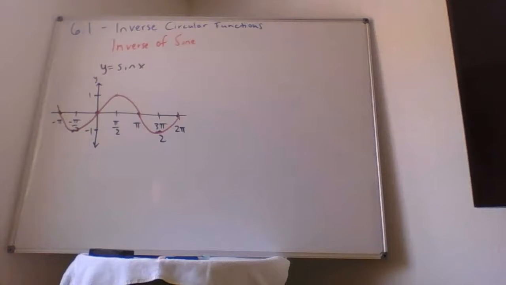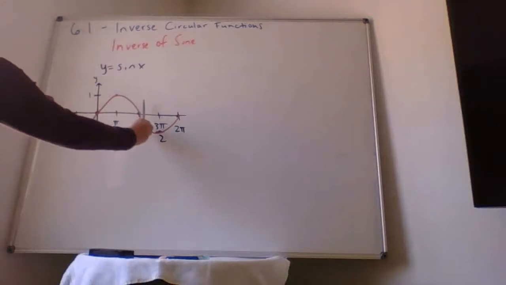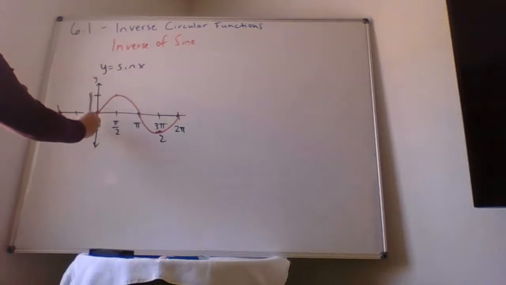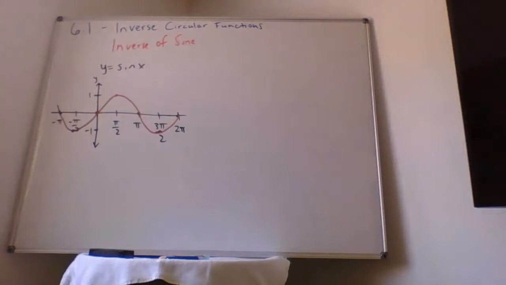As we can see, y equals sine of x is a function because it passes the vertical line test. Each vertical line passes through our graph only one time.